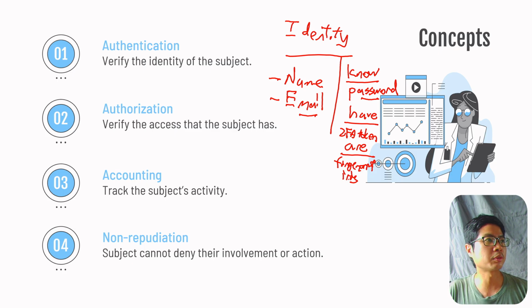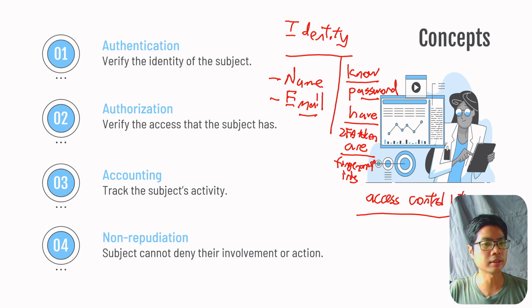Okay, so once we have looked at authentication, the next step we would have to look at is authorization. That is about verifying the access that the subject actually has. Frequently there will be this object called an access control list, or an ACL for short.